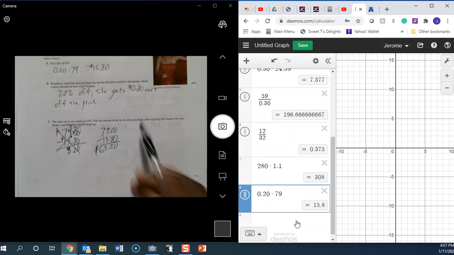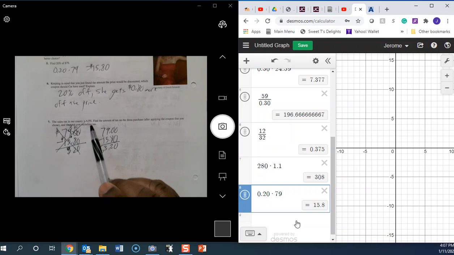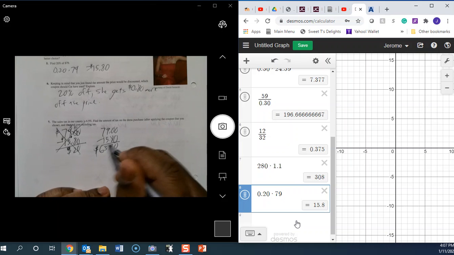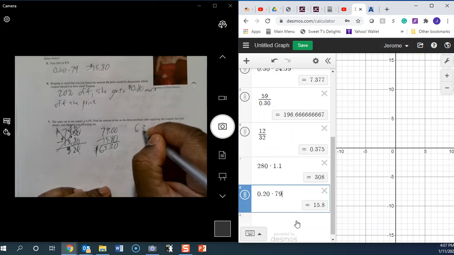So what they want here, they wanted you to find the amount of tax on the dress purchase and then the total cost including tax. So now, we know that with the discount being taken off, it's $63.20 that'll be taxed.